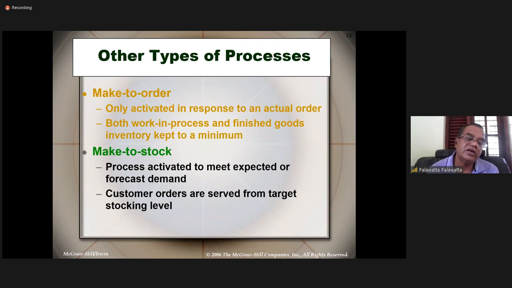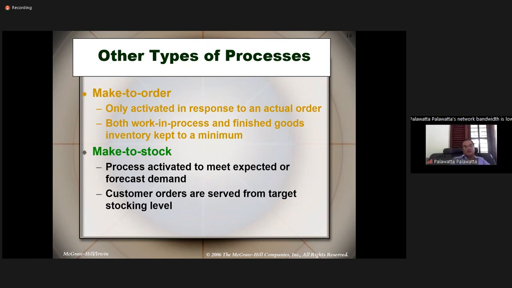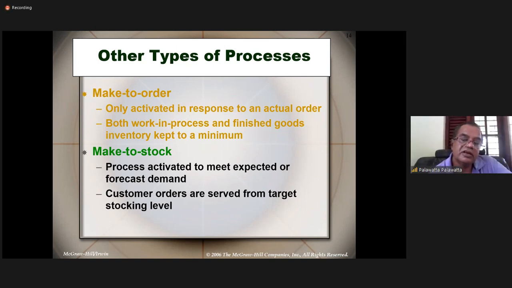Actually, make to order and make to stock, what is better? If the demand is sure, then make to stock is safer. Also, for example, take a country like Sri Lanka. Nowadays this particular government is printing a lot of money, and obviously money supply in the market is greater.